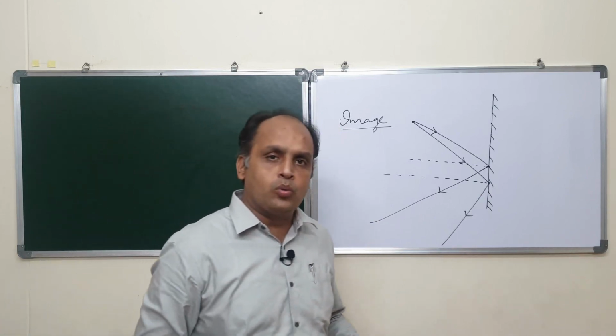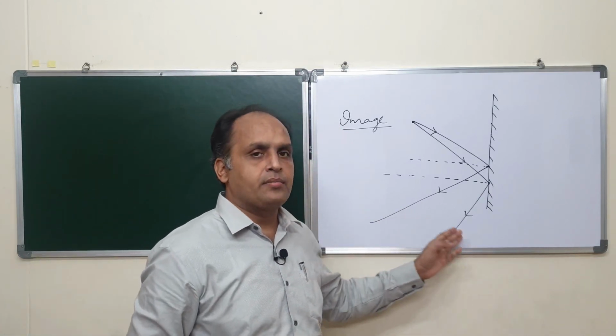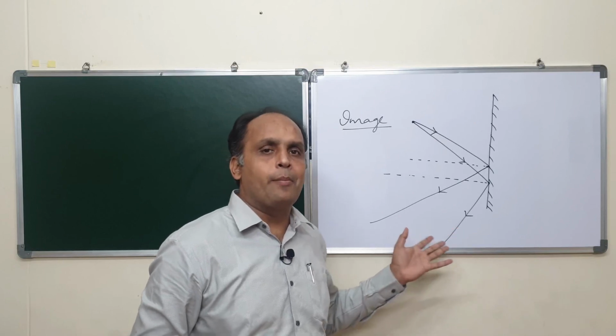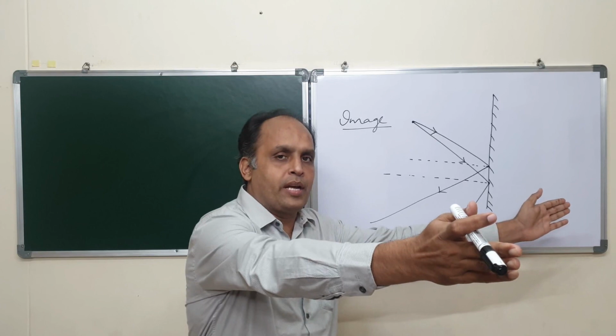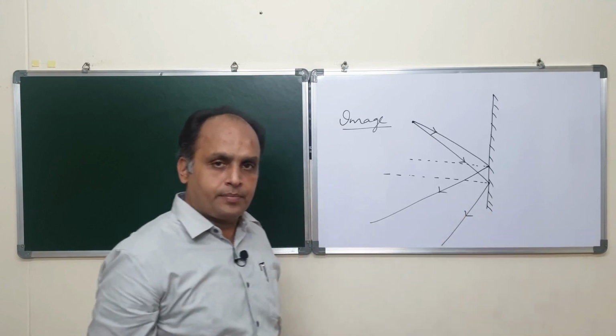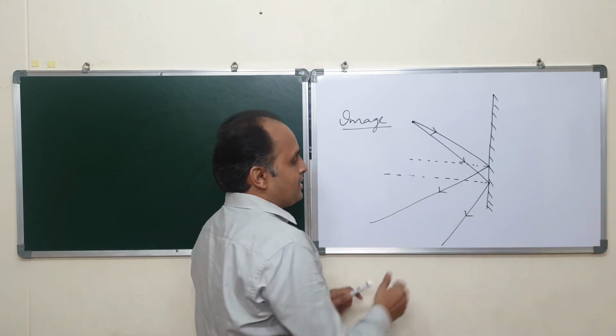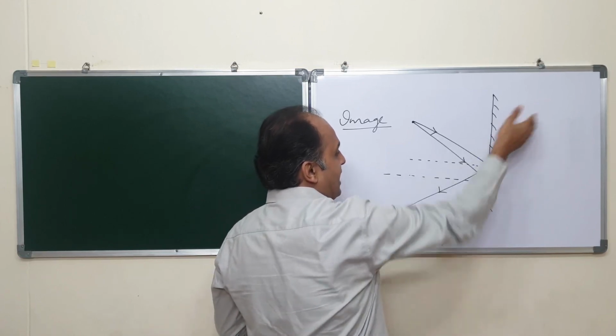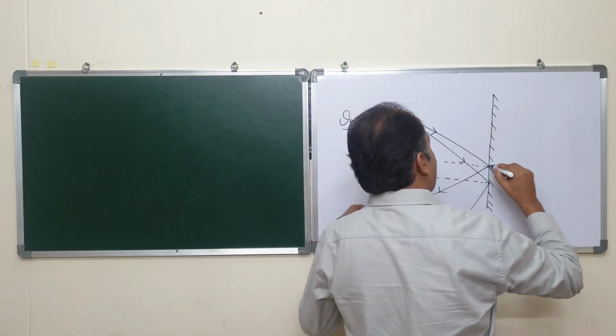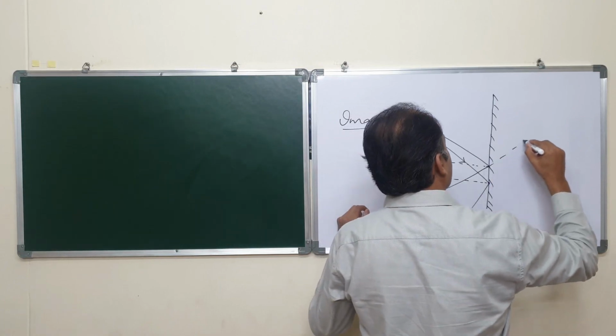And we know that these both rays can never actually meet because they are going one away from the other. But these two rays appear to diverge from a point somewhere inside. Let us do that by extending the rays of light backwards.